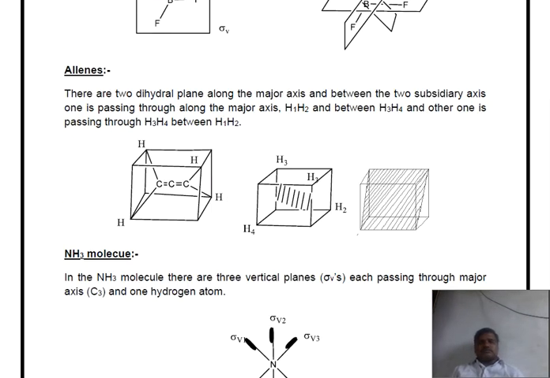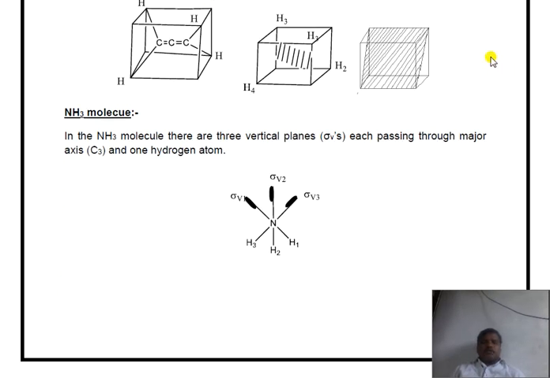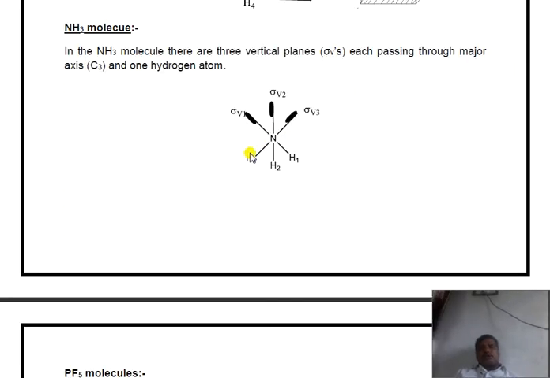Next, if we see simple molecules, the NH3 molecule. In NH3, the three hydrogens are present in a plane, and above the plane is nitrogen. For this, C3 is the principal axis. There is no horizontal plane of symmetry perpendicular to the principal axis, so there is no sigma h.